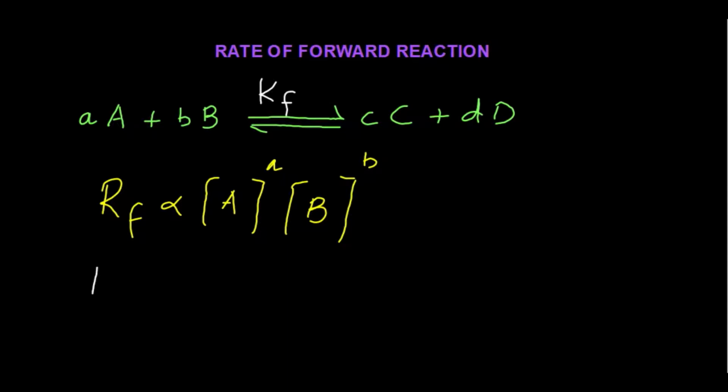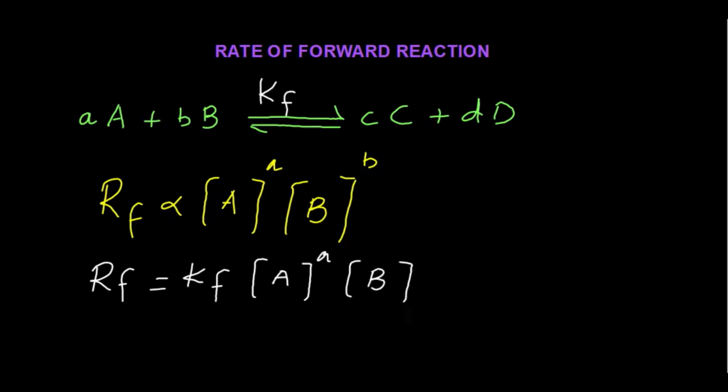If we replace the proportionality sign, then it becomes Rf equals Kf into [A]^a into [B]^b. Students, here we use the square brackets.